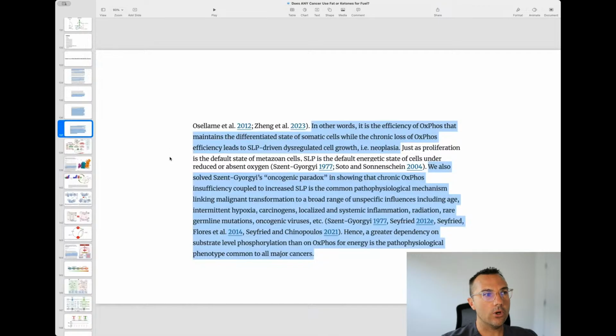We also solved St. George's oncogenic paradox in showing that chronic OXPHOS insufficiency coupled to increased substrate level phosphorylation is the common pathophysiologic mechanism linking malignant transformation to a broad range of unspecified influences, including age, intermittent hypoxia, carcinogens, localized and systemic inflammation, radiation, rare germline mutations, oncogenic viruses, etc. And it says, hence, a greater dependency on substrate level phosphorylation than on OXPHOS for energy is the pathophysiologic phenotype common to all major cancers.